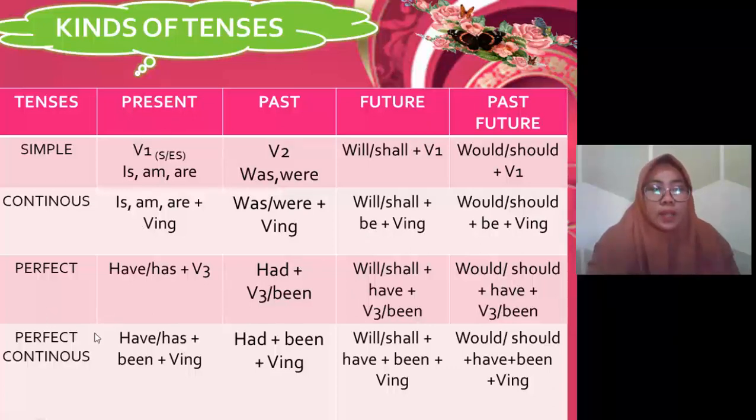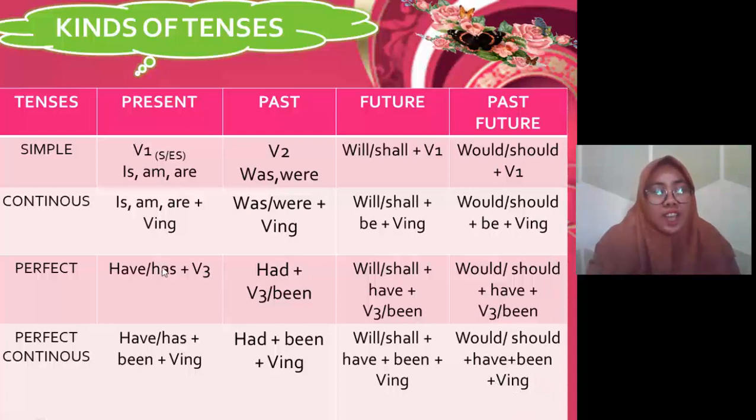Present perfect continuous tense, this is the rule. Past perfect continuous tense, this is the rule. Future perfect continuous tense, this is the rule. And the last, past future perfect continuous tense, this is the rule.